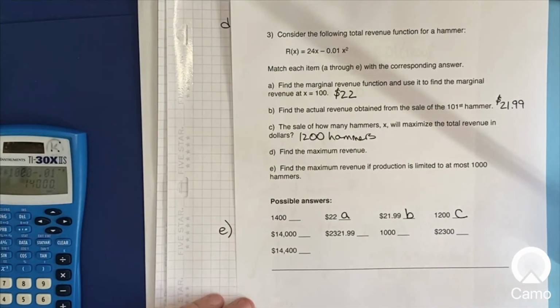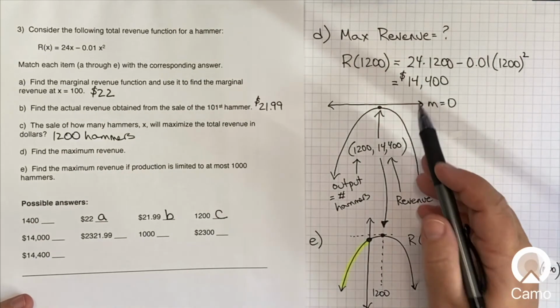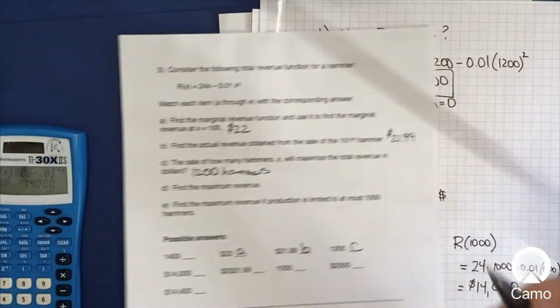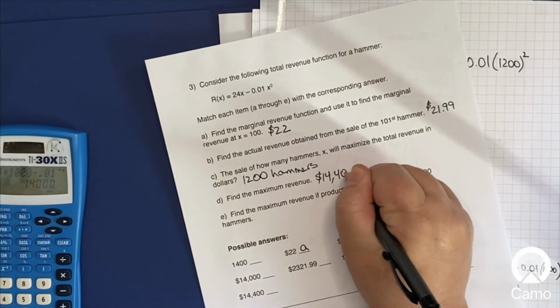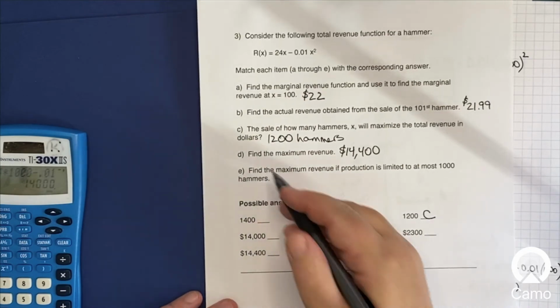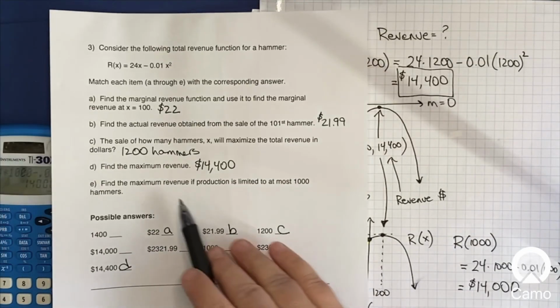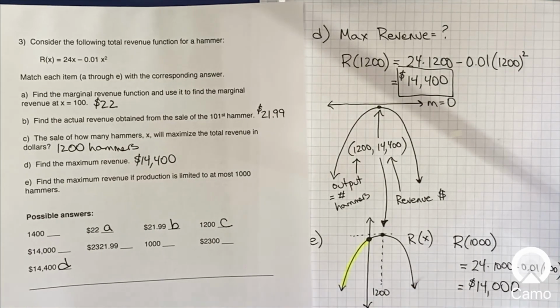So that's a hint. You want to look for a number that doesn't have a dollar sign. Okay. And then we need D. Find the maximum revenue. The maximum revenue was 14,400. So that is number D, goes there. And then find the maximum revenue if production is limited to at most 1,000. We said, well, let's make the 1,000.